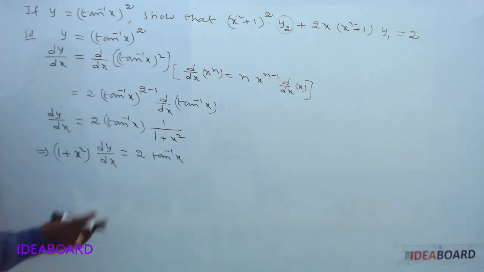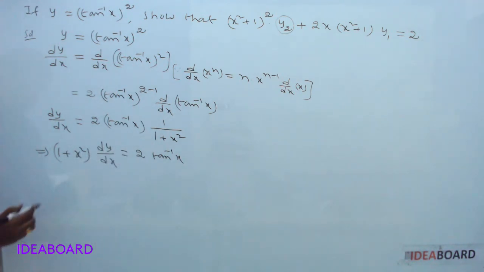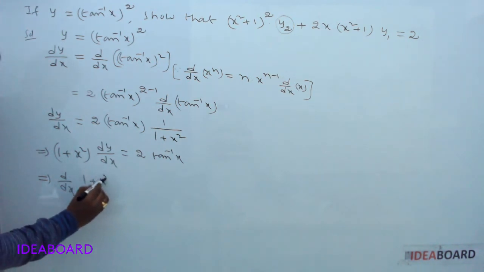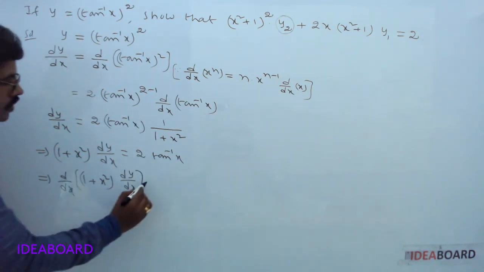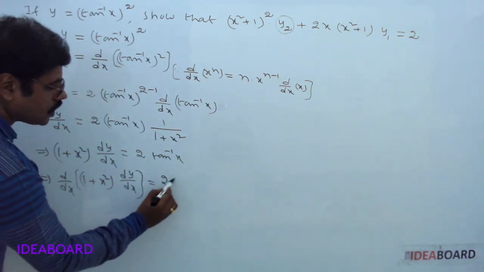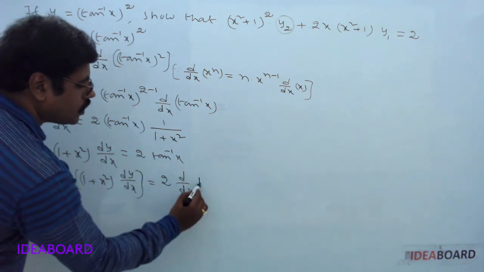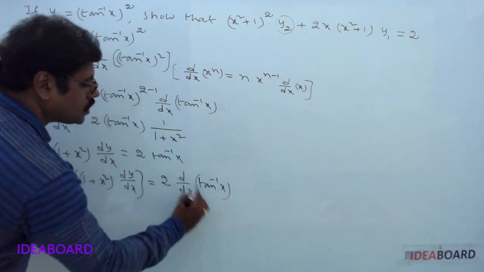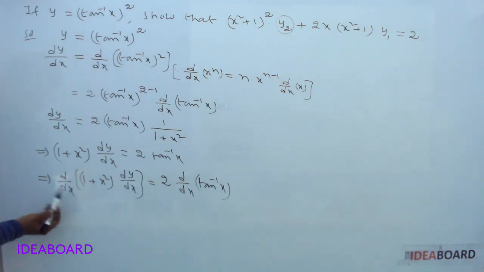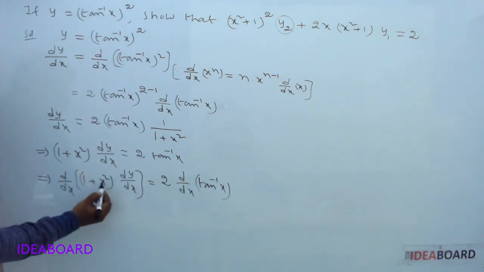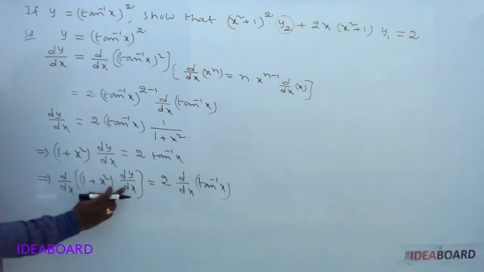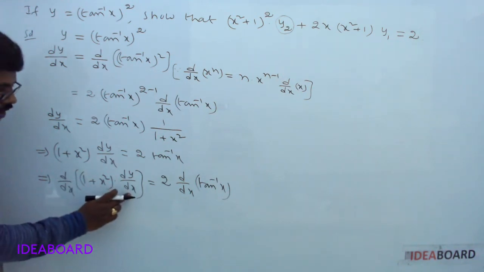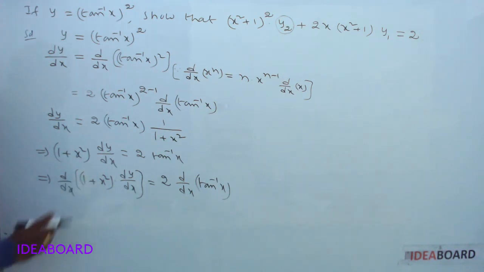Now differentiating this equation on both sides with respect to x, again derivative of (1 plus x square) into dy by dx equals, here 2 is the constant term, 2 into derivative of tan inverse x. Now here derivative of product of two functions. What is this formula? First function into derivative of second function plus second function into derivative of first function.